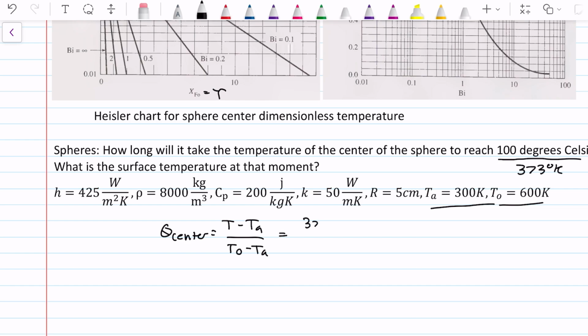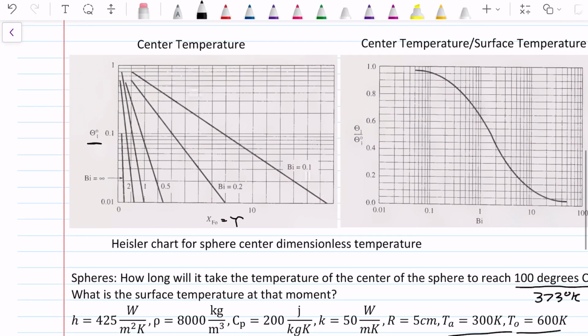That's going to be 373 minus our ambient, which is 300, all over 600 minus 300. Throw that into the calculator, and you get 0.2433. Okay. So now we have a dimensionless center temperature.